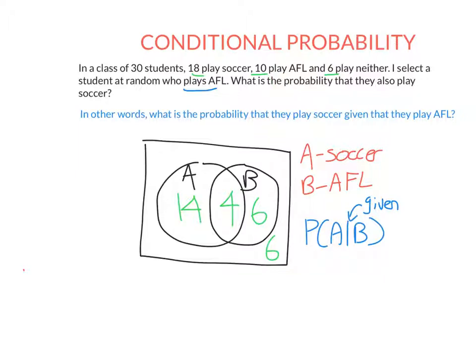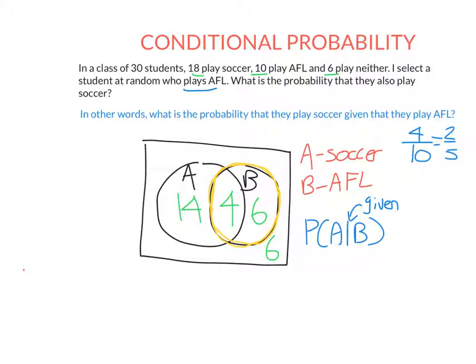In terms of the Venn diagram, because they play AFL, we know we're in this circle. I'm selecting a student from within this circle. What's the probability they play soccer? In this case, the required probability, you can see, there are 10 choices, 4 of whom play soccer. So it's 4 out of 10, 2 out of 5, or 0.4.